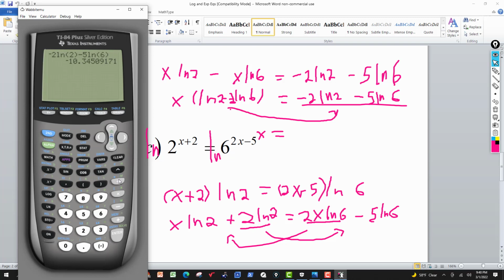And then I'm going to divide this by parentheses, ln of 2 minus 2 ln of 6, close parentheses, I make parentheses again, hit enter, and we get x is equal to 3.579. x is equal to 3.579 to 3 decimal places.